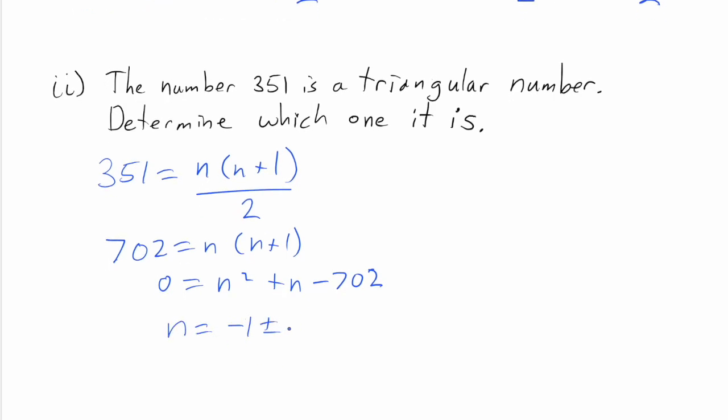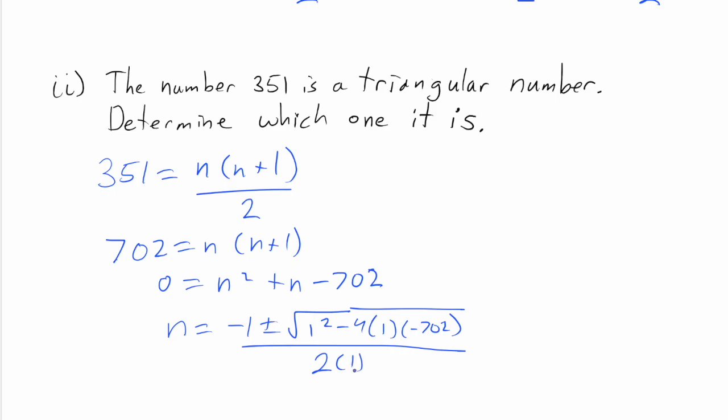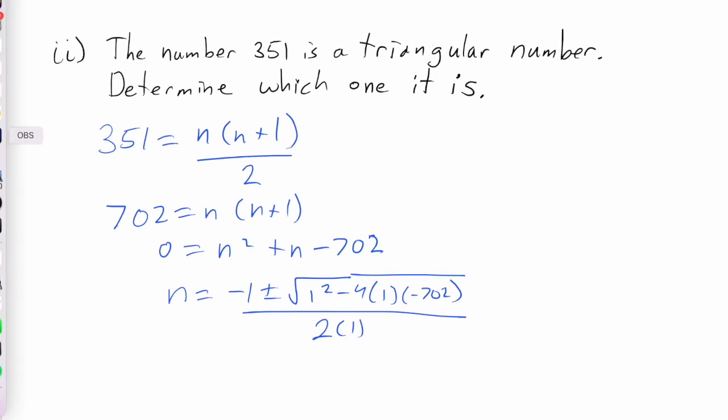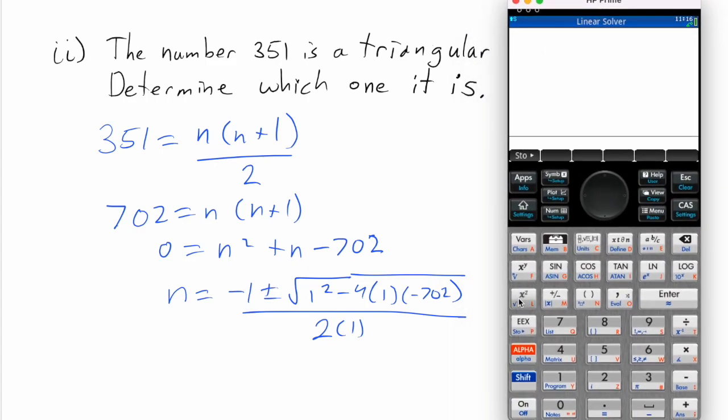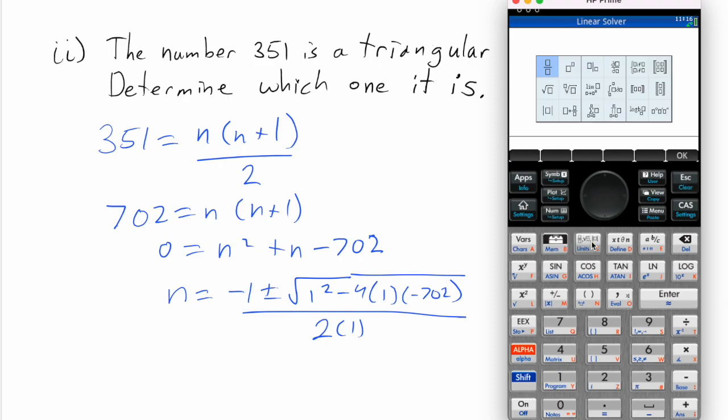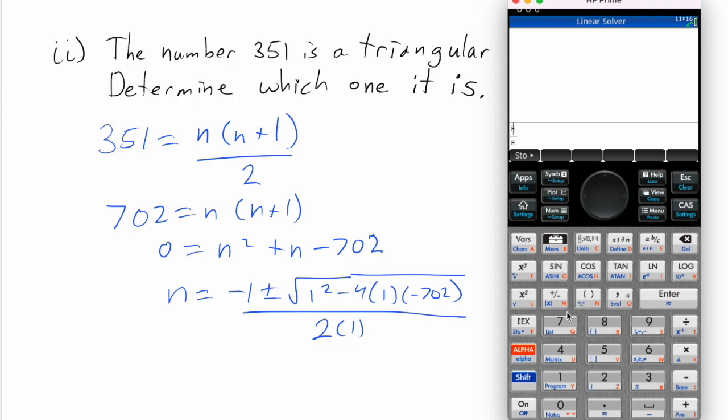We get negative 1 plus or minus the root of b squared minus 4ac, over 2 times a, right? And let's just type that into the calculator. So I'm going to make a fraction, and on the numerator, I'm going to have negative 1 plus.